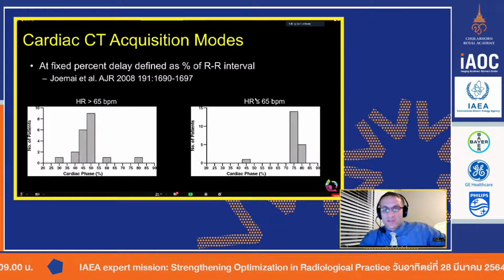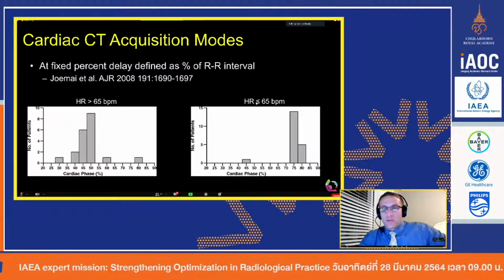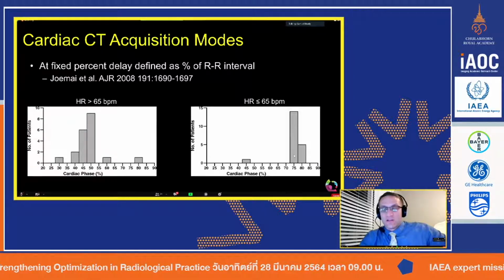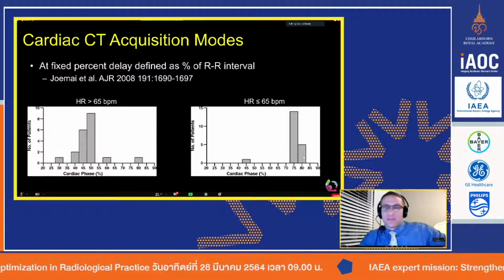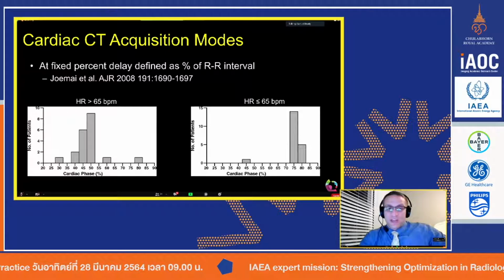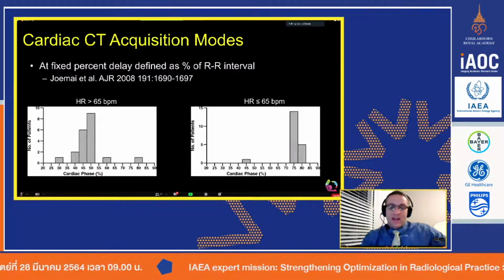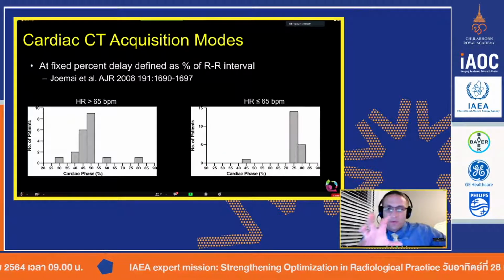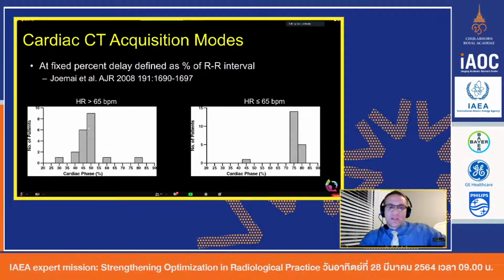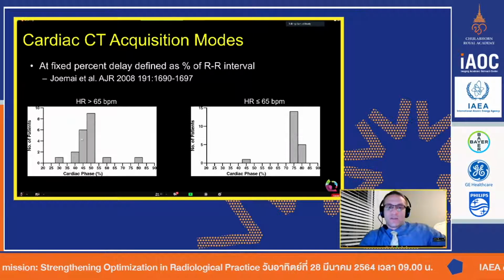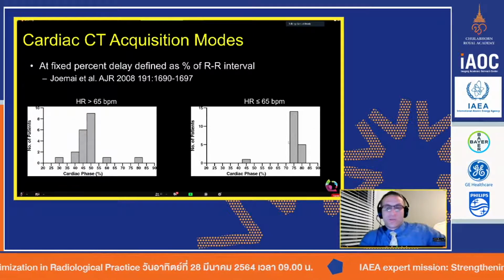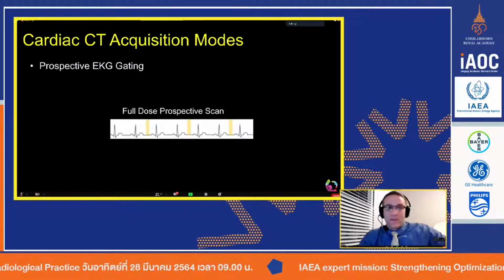But if it's a slower, more manageable heart rate, then almost always they were very happy with the 75th percentile, so somewhere in that 70 to 80 range. So these two papers had slightly different results, but they were basically grouped around this idea: with high heart rates you want to image somewhere in the 40 to 50 interval, and with low or manageable heart rates, upwards of the 70, 75 percentile.